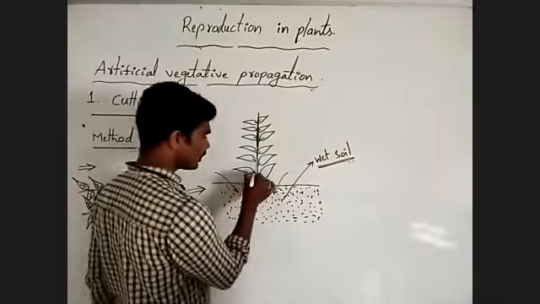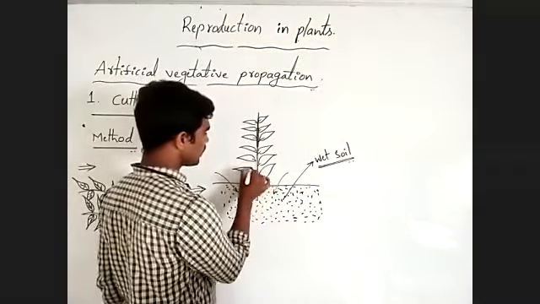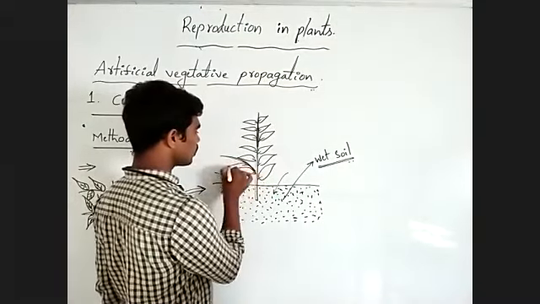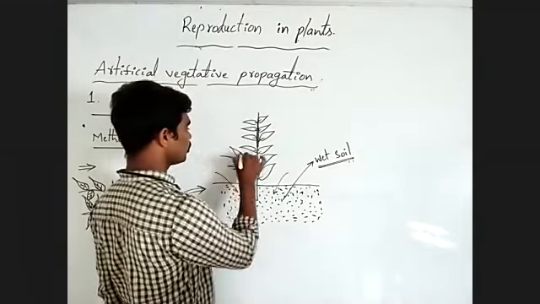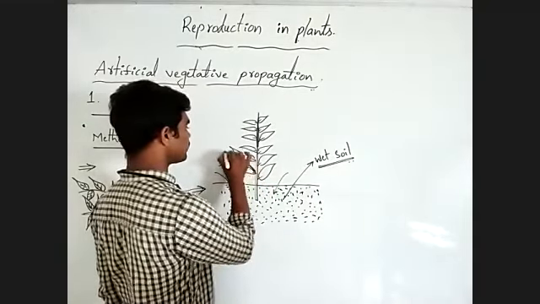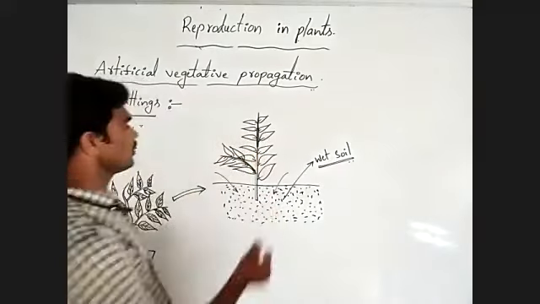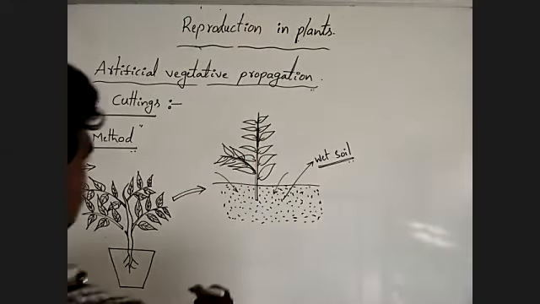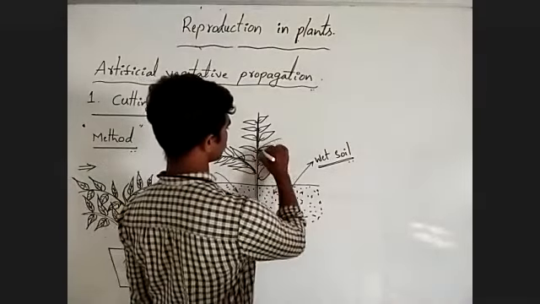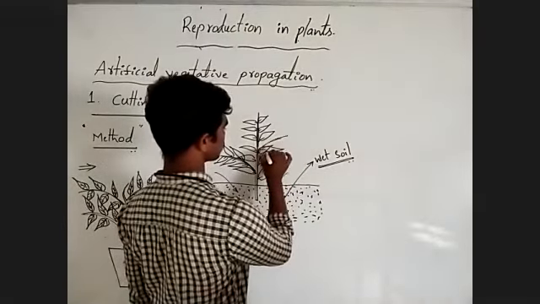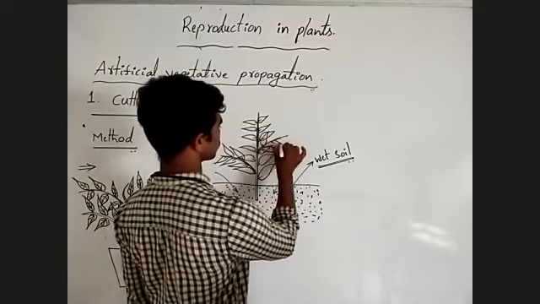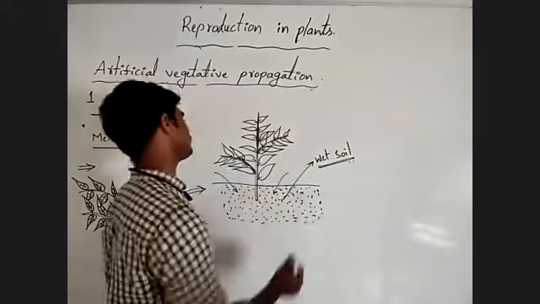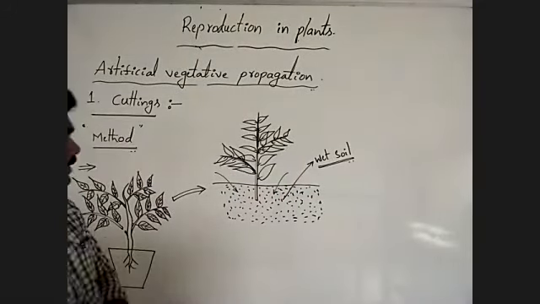Next, axillary buds also start the growth by forming the branches. Observe carefully here.